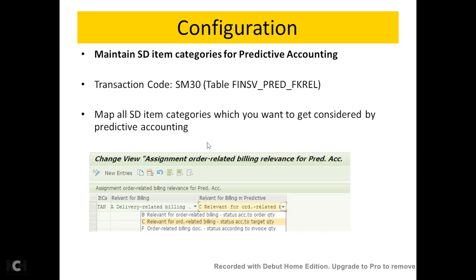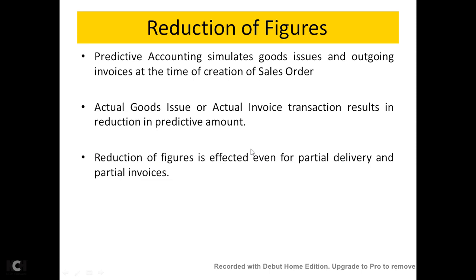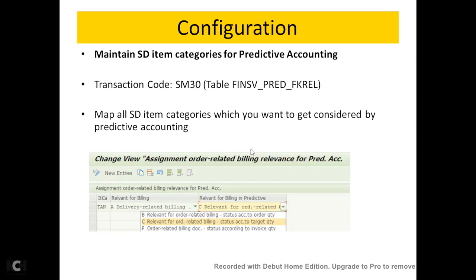Finally, you need to map the SD item categories which you want predictive accounting to consider. For that, you go to SM30 and use the table FINSV_PRED_FKREL. This is the last configuration step, and I believe these all look very simple to do.